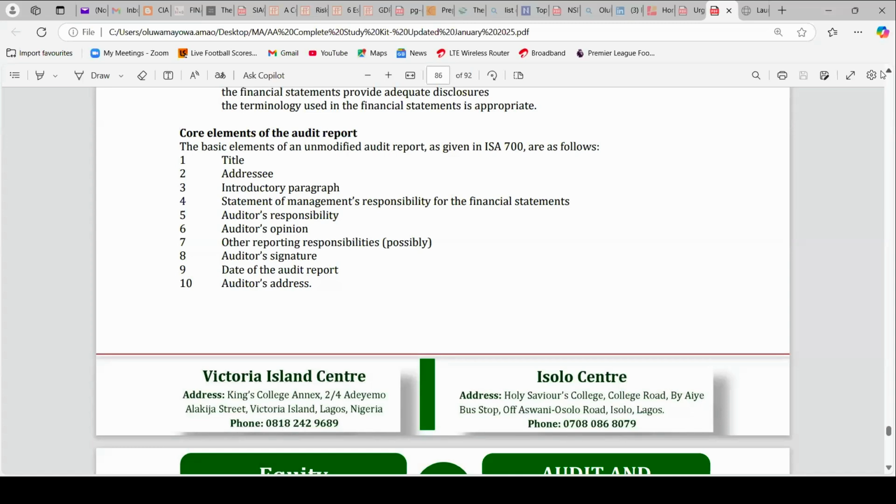So that area will speak to the areas of significance that the auditor wants to draw attention to. That's simply the difference between 701 and 700. 700 is an unmodified opinion, unmodified report. 701 is an audit report with key audit matters.